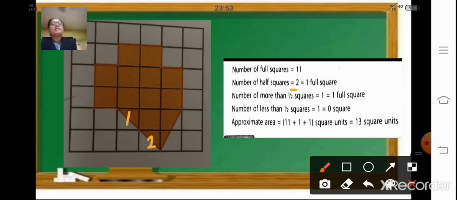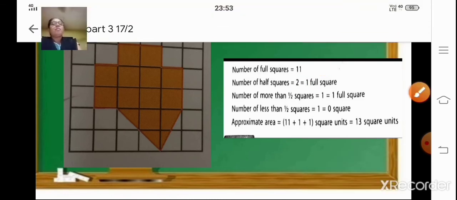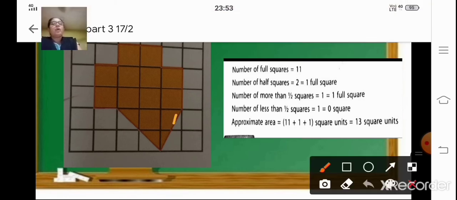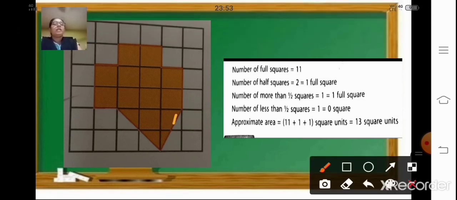So if we just calculate, put it together, it will be 1 full square. Now number of more than half squares. Okay. Number of more than half square, here it is only 1 square which is covered more than half. When it is covered more than half, we will consider it as one full square.